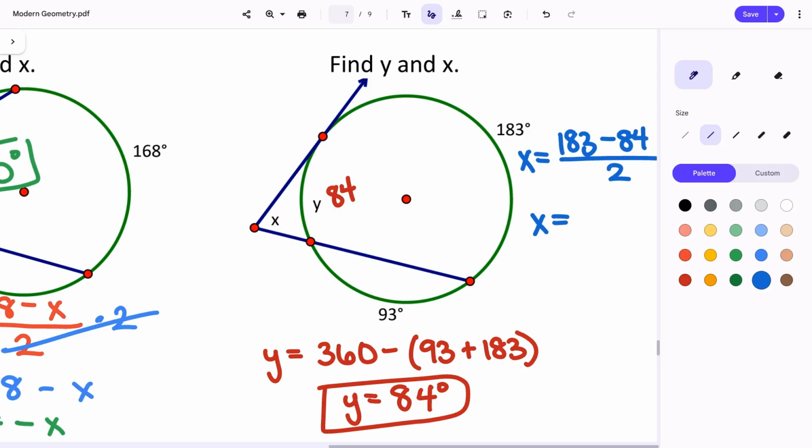Okay, and what do you get? Yeah, don't let the decimal make you think that you did it wrong. Okay, 49 and a half. I know sometimes when we get decimals that it makes us think we did something wrong because we haven't had a decimal yet. But it is okay to sometimes have that happen.